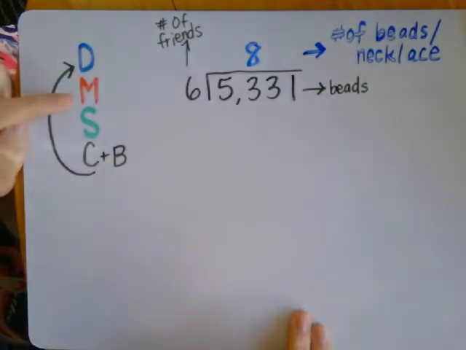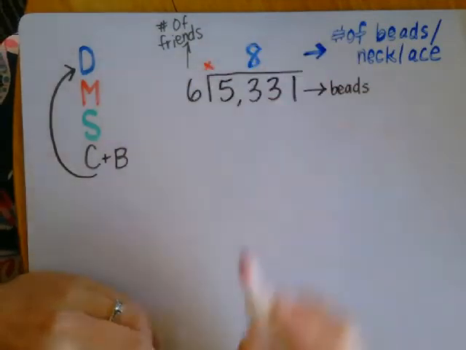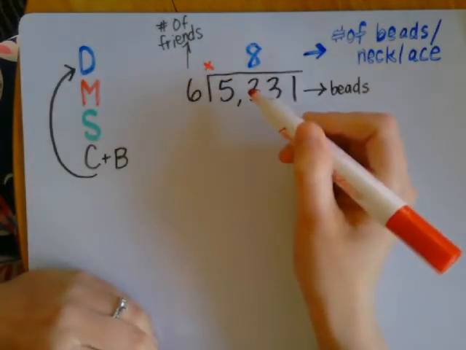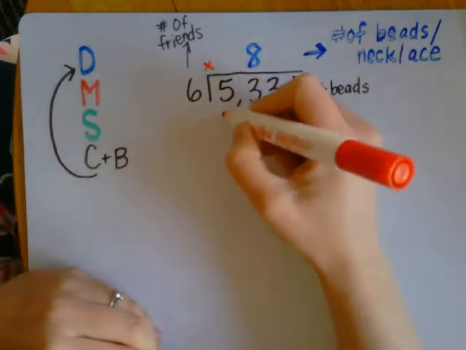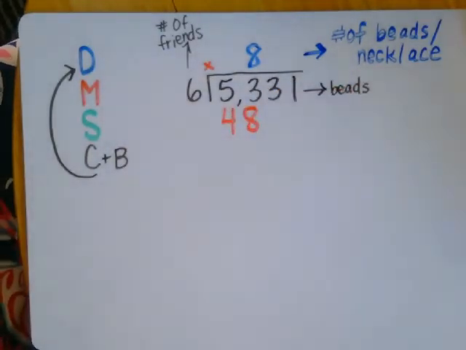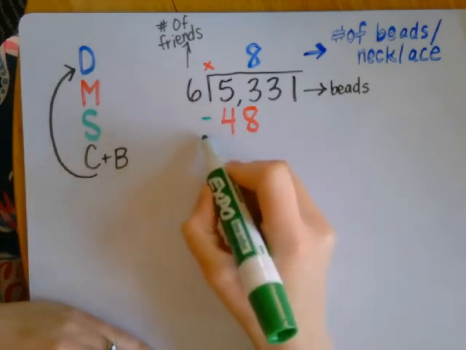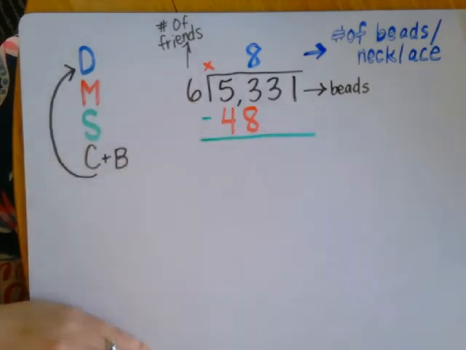And we continue. Our next step is to multiply. 6 times 8 was 48. Next, I need to subtract. 53 minus 48.